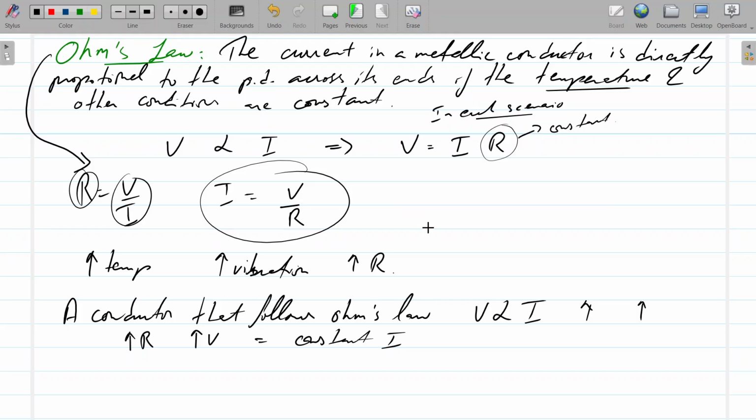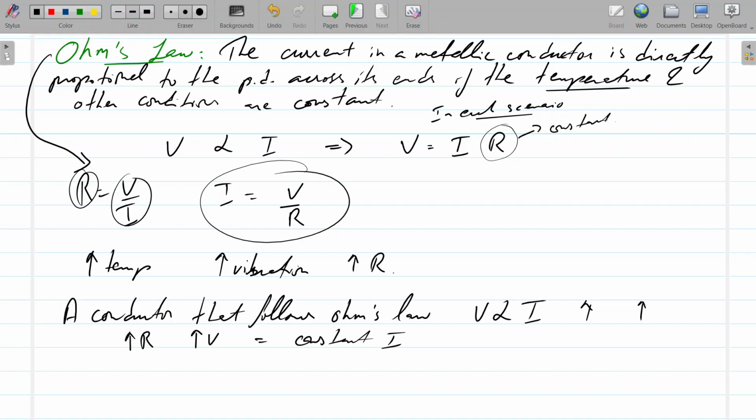So temperature is going to affect resistance. If it gets hot, for reasons that I just explained, the resistance of that wire is going to go up, right?